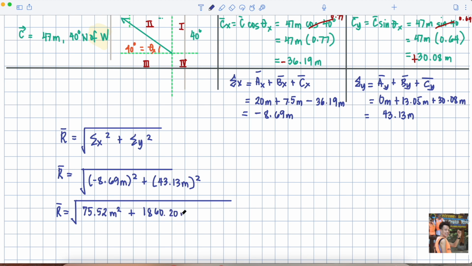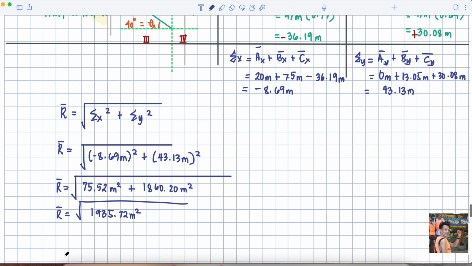1860.20 meters squared. R equals 75.52 meters squared plus 1860.20 meters squared, and that is equivalent to 1935.72 meters squared.